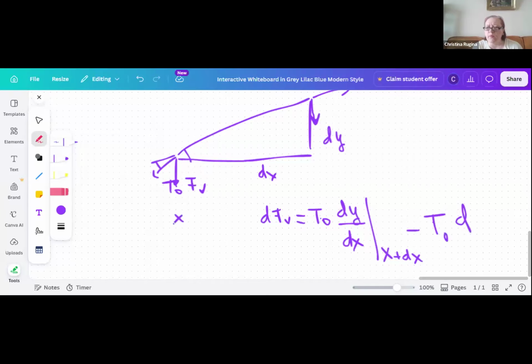This is the angle theta. And this is the vertical force. And this is the vertical force as well here.